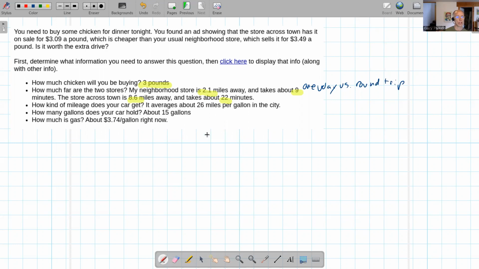Okay, so the things we have to keep track of, we have 2 stores. So we have the neighborhood store versus the other store.